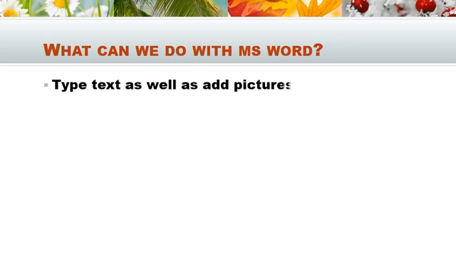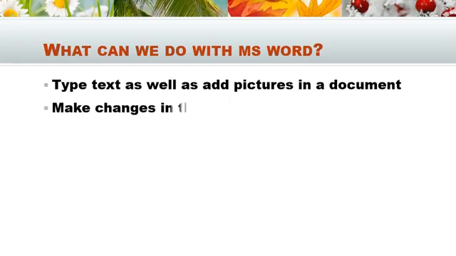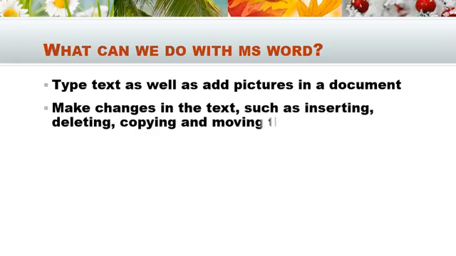Now let's learn what we can do using MS Word. Type text as well as add pictures in the document. Whenever we have to type something, we will be using MS Word, and not just typing the text. Even if we want to make a greeting card and add some pictures in that, we can do it using MS Word. Then making changes in the text such as inserting, deleting, copying, and moving the text.